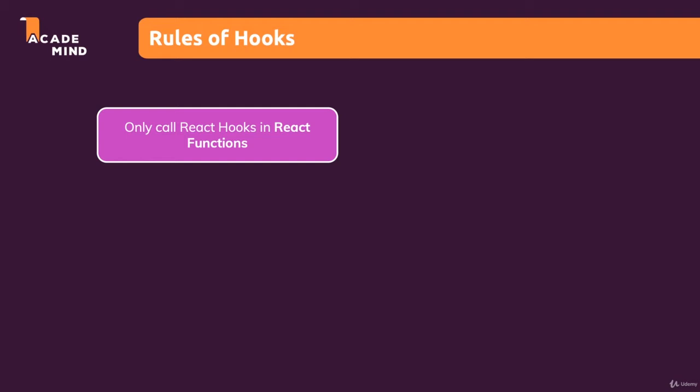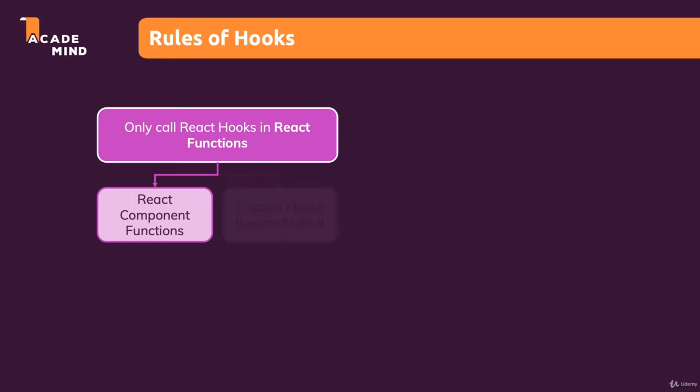That means in React component functions, as we did it thus far, or also allowed in custom hooks. That's not something we explored yet, but of course that will also be included in this course. Just as the name suggests, it's a bit more complex and therefore a bit more advanced, and something we'll therefore dive in later. These are the two scenarios where you are allowed to use React hooks.